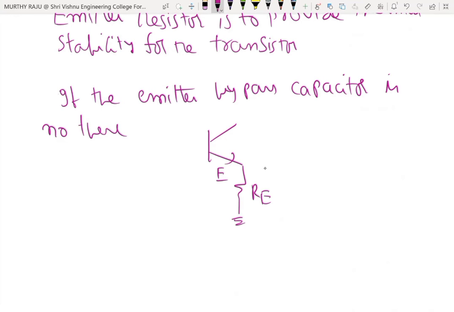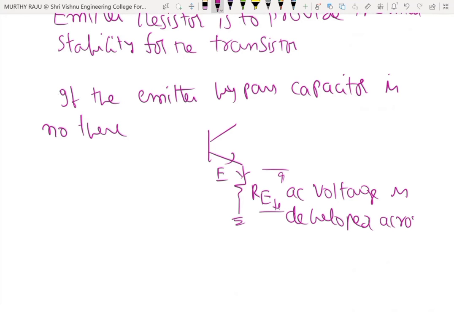For AC signals, some AC voltage is developed across RE. In the previous case, the emitter bypass capacitor CE is there.